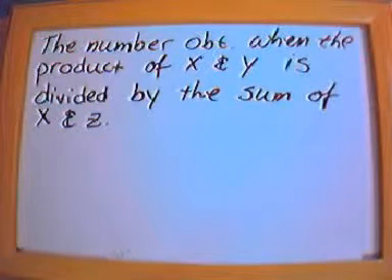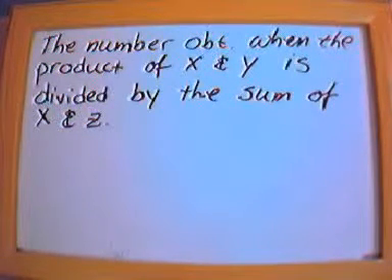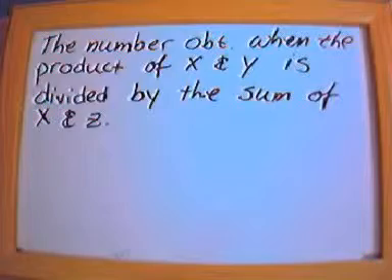So just read it a few times. The number obtained when the product of x and y is divided by the sum of x and z.